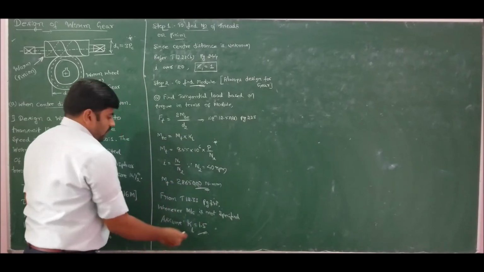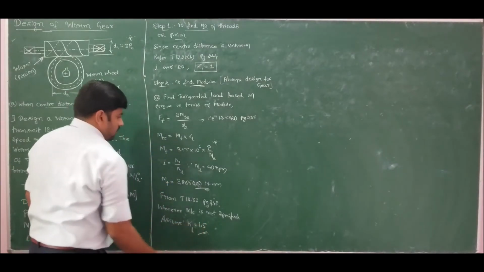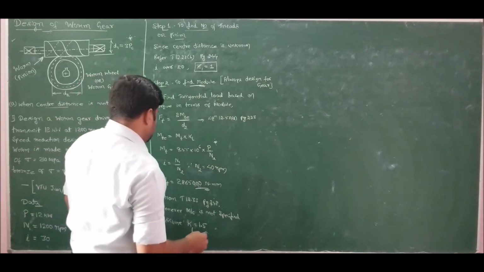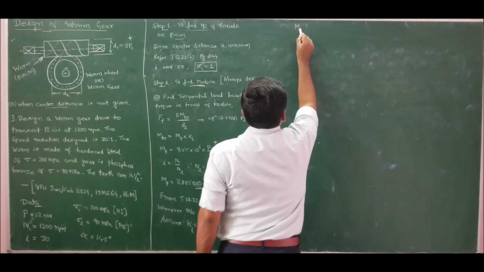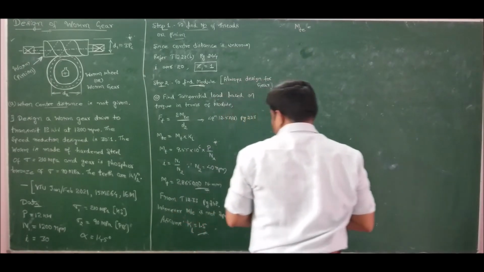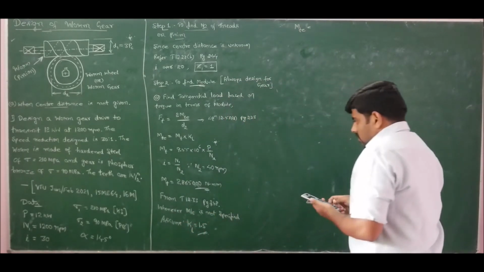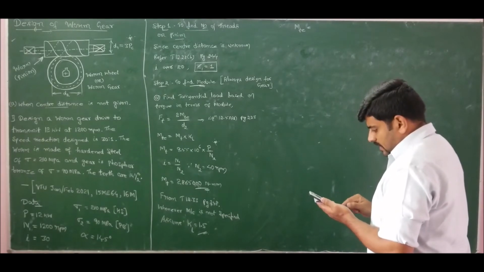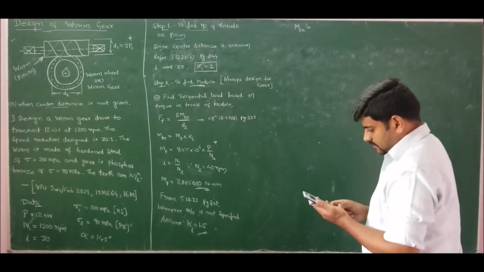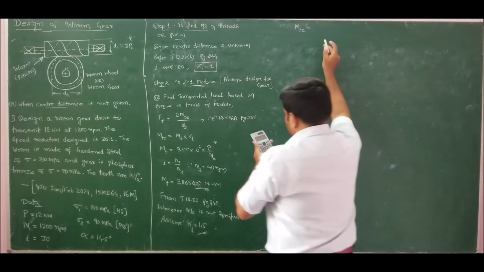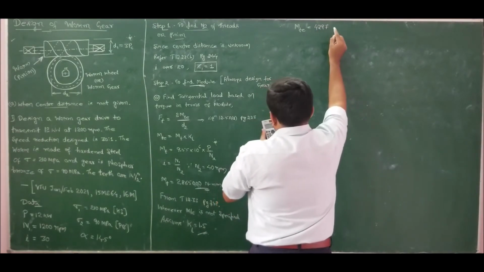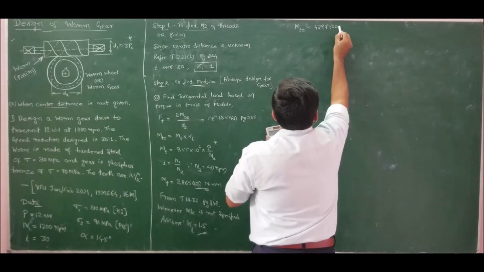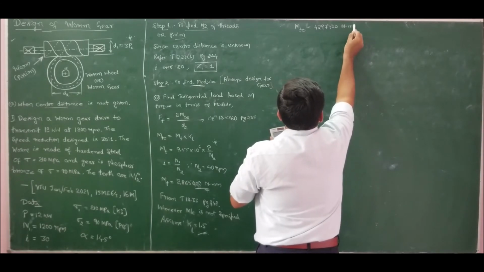So considering the load factor as 1.5, if I solve, I will get the equivalent torque MTE. Torque equivalent is turning out to be, so this is multiplied by 1.5, that is 429,750 Newton millimeters.